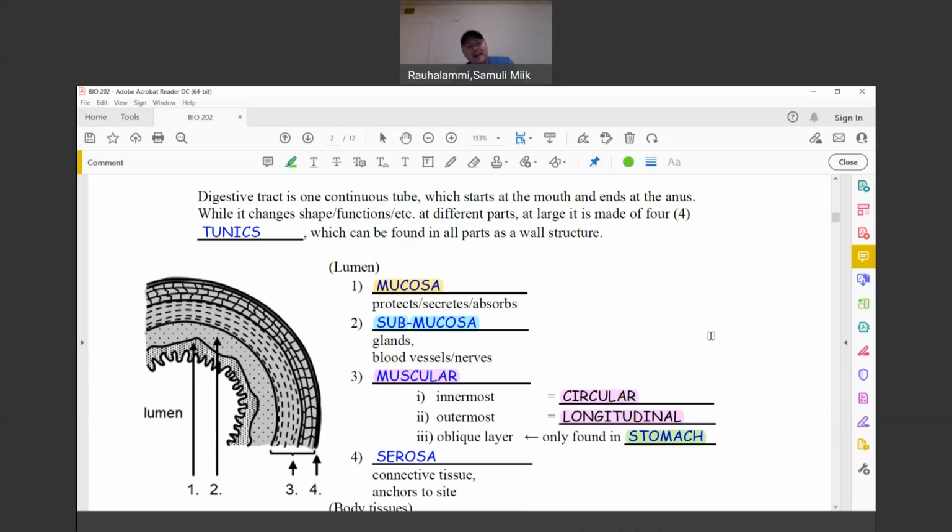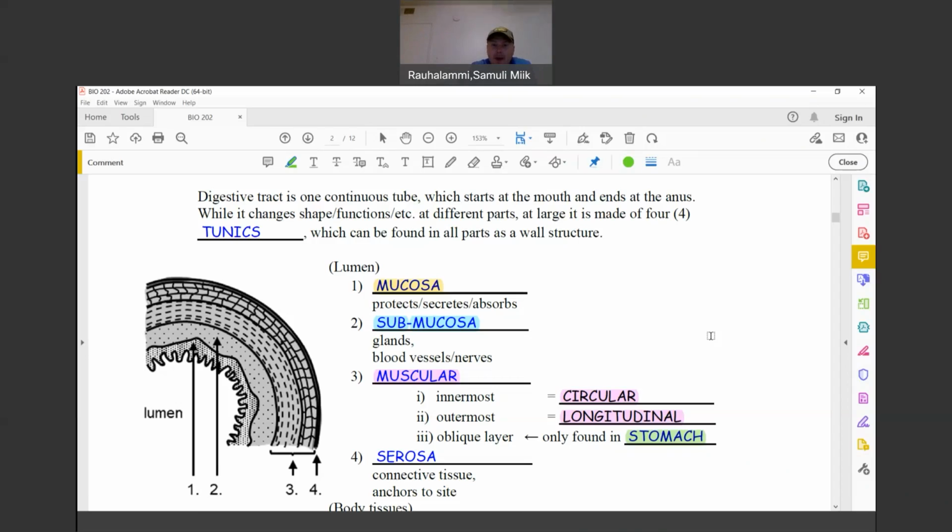Why would we find that within the stomach? Think of the function of the stomach. It is where we mix the food material with stomach acids. A lot of mixing and breaking apart happens, so we want to be able to control the distension and shrinking of the stomach.